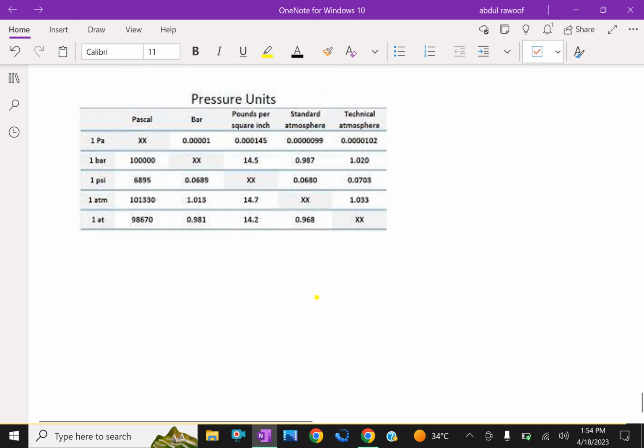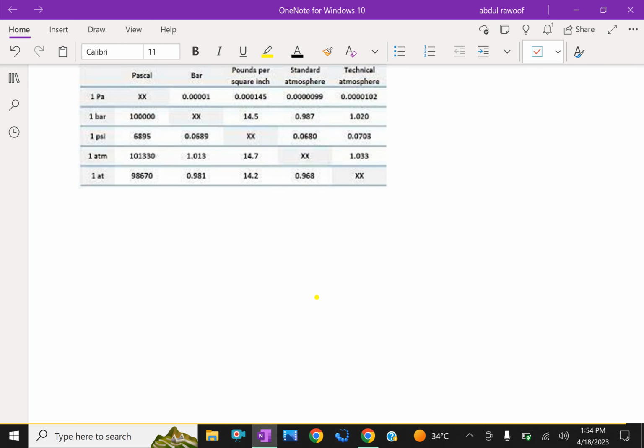Before that, we'll do a small example problem on conversion of pressure. Look here.